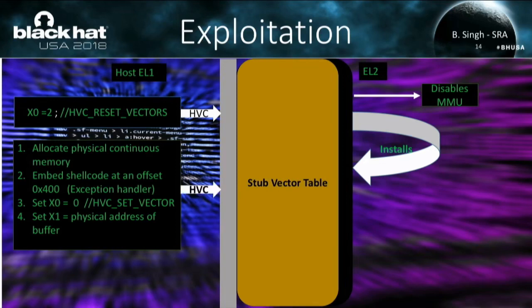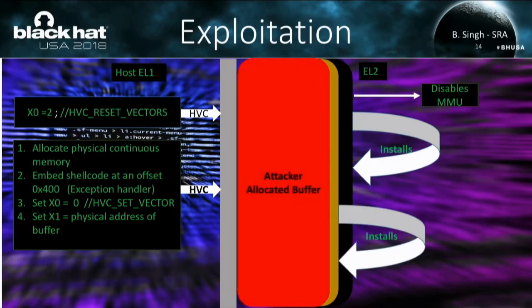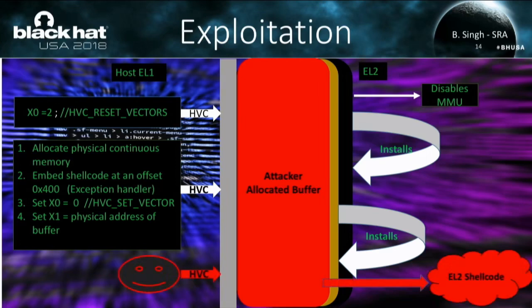This HVC will be handled by the stub vector table, because now the stub vector table is back in action. The handler of the stub vector table will install the attacker-allocated buffer as the exception vector table for EL2. Once this is done and the shellcode is at an offset of 0x400, the attacker needs to execute just another HVC call, and game over. The attacker is able to execute code in EL2.